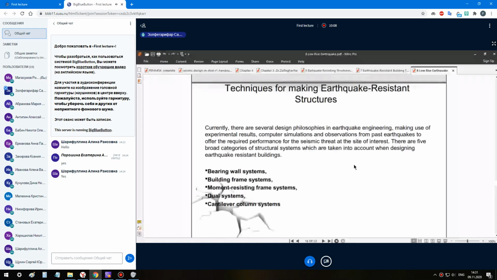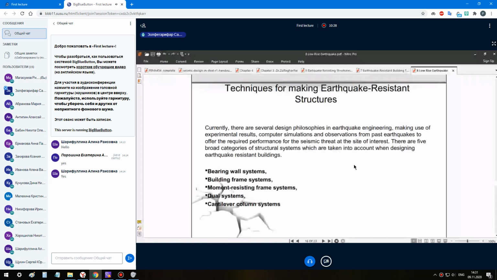First, using a bearing wall system, structural walls located throughout the structure provide primary vertical support for the building's weight and that of its contents, as well as the building's lateral resistance.